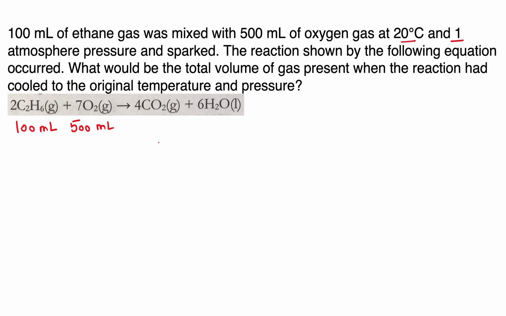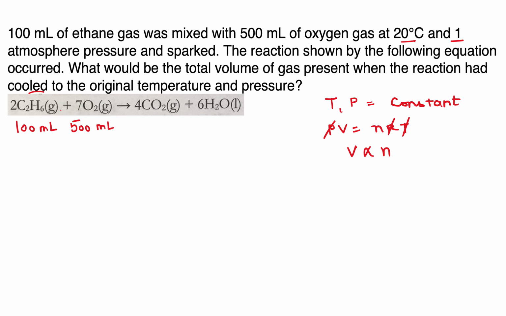Now, after the reaction had cooled to the original temperature and pressure, which means temperature and pressure are constant from initial to final, it's the same situation. PV equals nRT, temperature constant, pressure constant, R is the gas constant, so volume is directly proportional to moles.